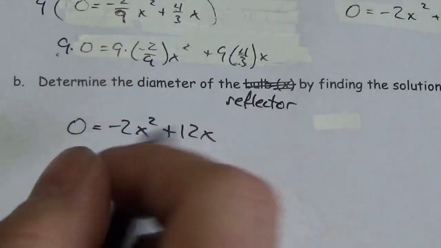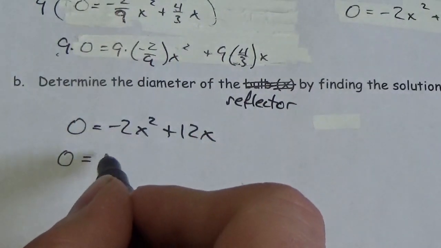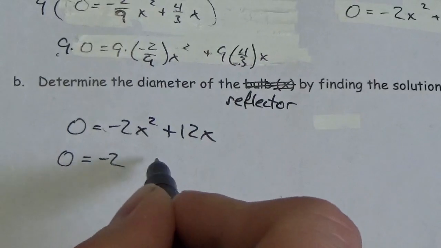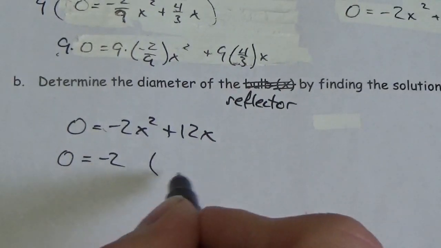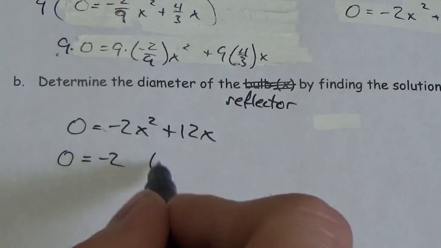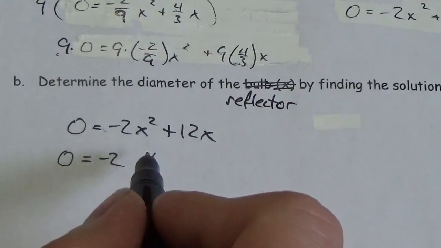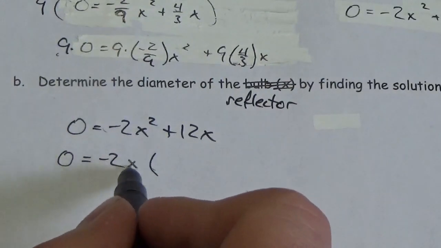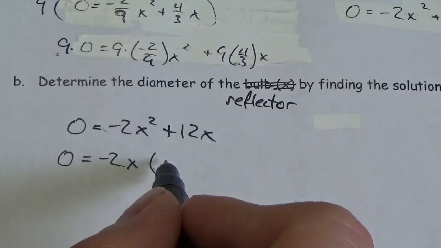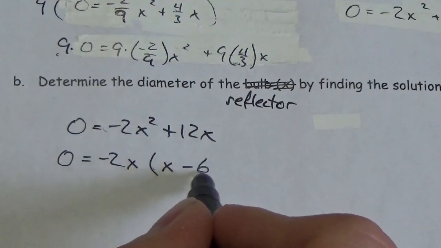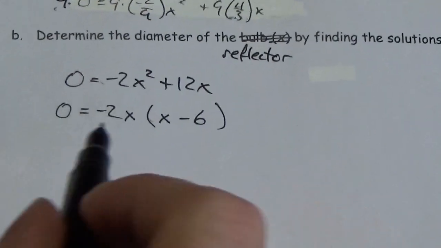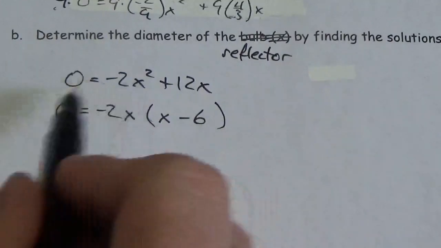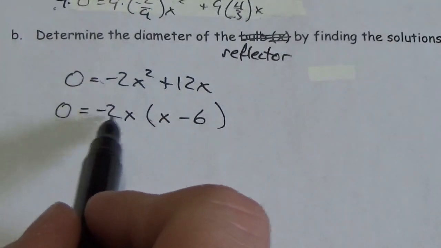But before I get into any of that, I'm going to take out what's common, and there's a common 2 there, and I will take out the negative 2 because when I have my expression here, I like to start it with a positive, so I'm going to take out the negative. There's also a common x, so I'll take that out as well, and that's going to leave me with x minus 6.